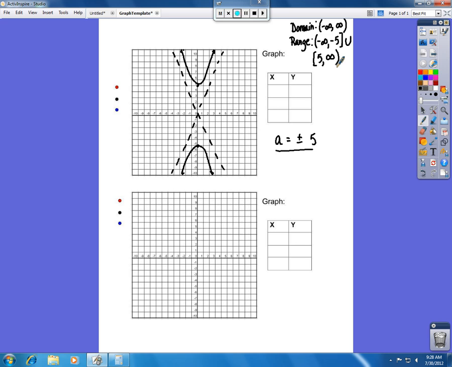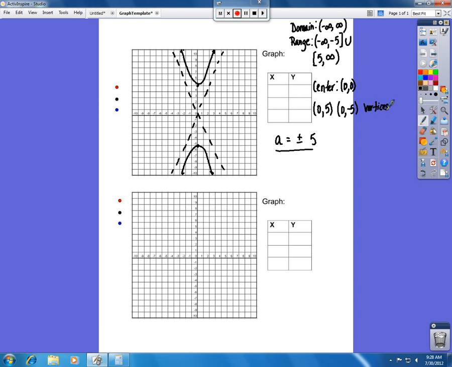Alright, so the center was relatively straightforward because we didn't have any h and k, so the center was 0, 0. And then our vertices, those are these right here. So we had a vertex at 0, 5, and then another one at 0, -5. Again, those are the vertices.